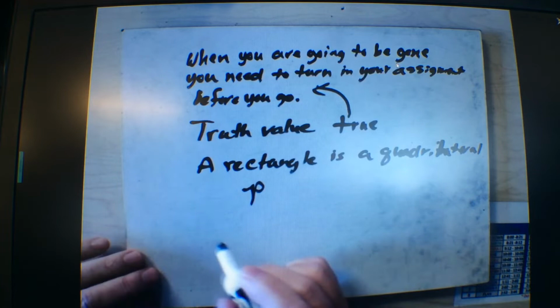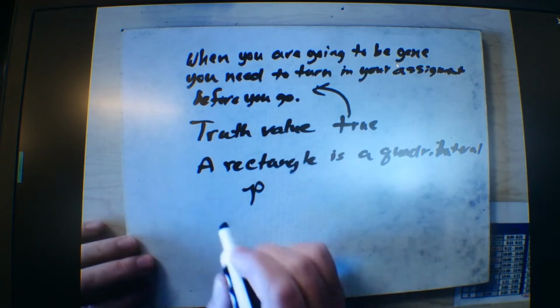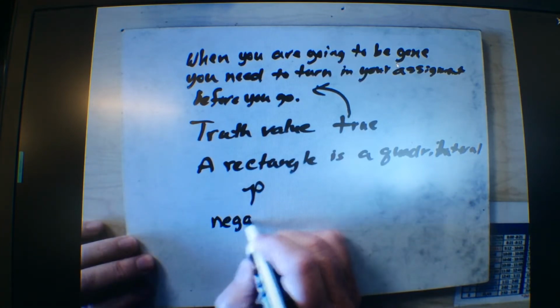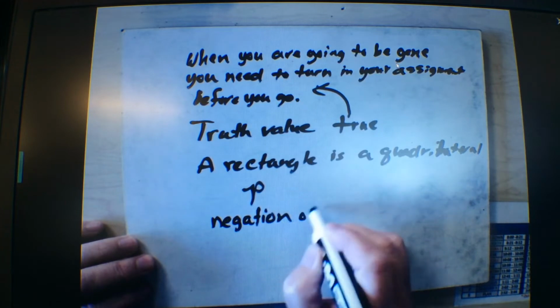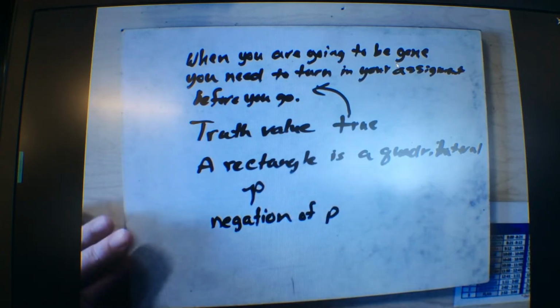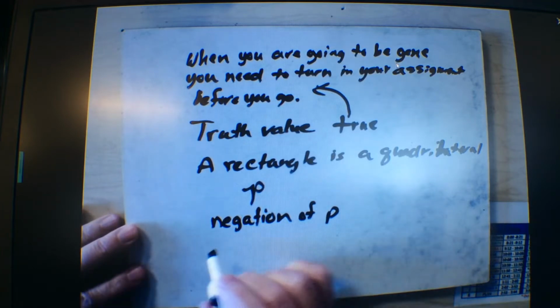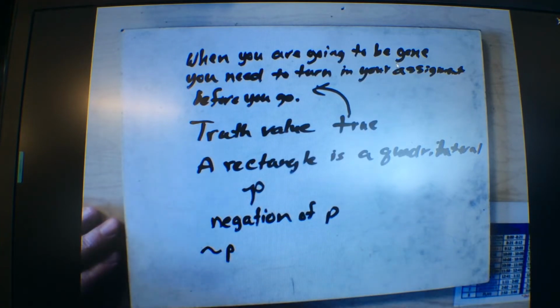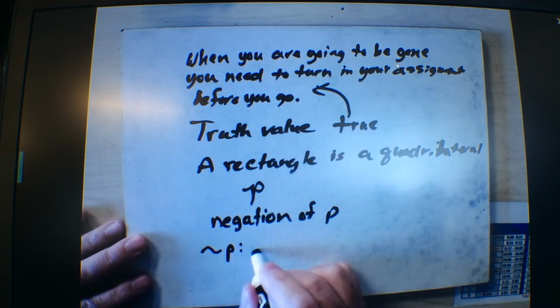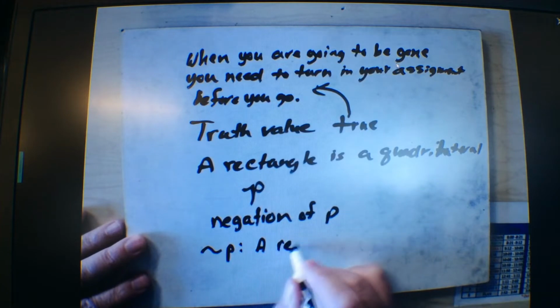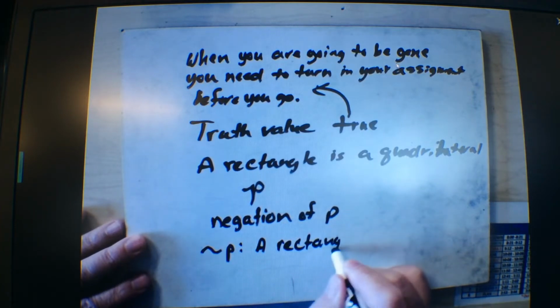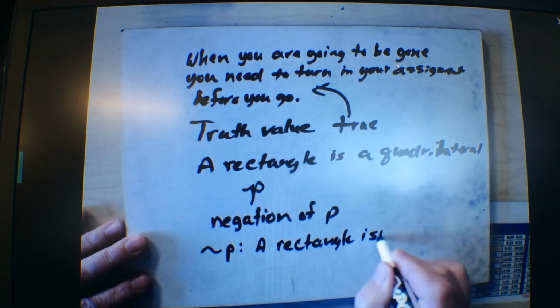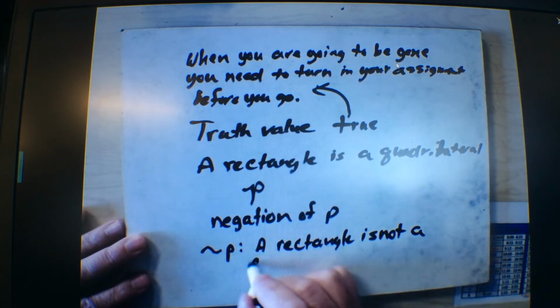Now what I want to do is talk about the negation of P. And we use a symbol for that. It looks like this, a similar statement. The negation of P says a rectangle is not a quadrilateral.